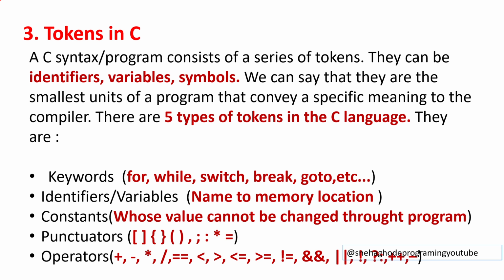Then operators: addition, subtraction, division, multiplication, greater than, less than like relational operators, logical AND and OR operators. All these come under operators. So these are the tokens in C.